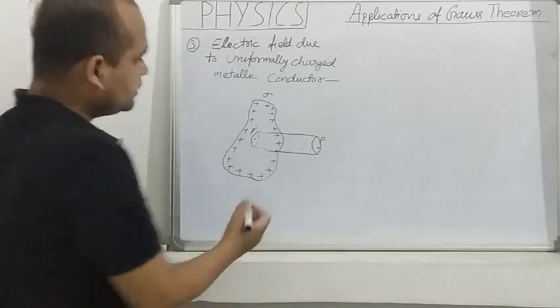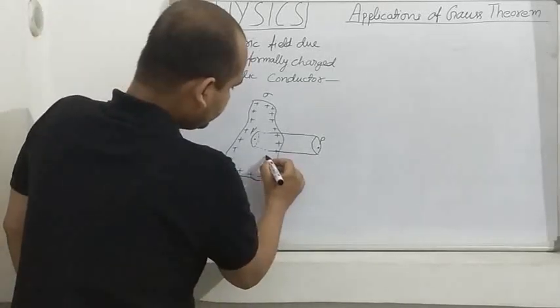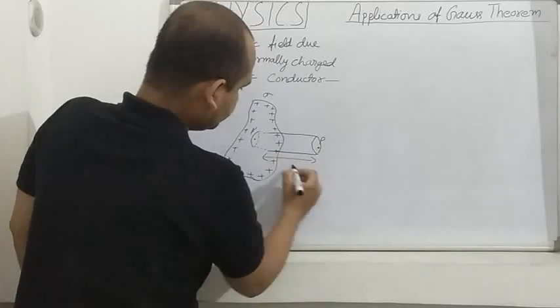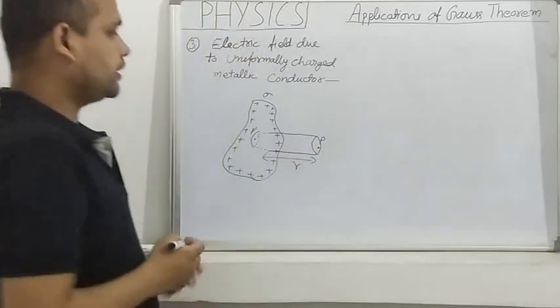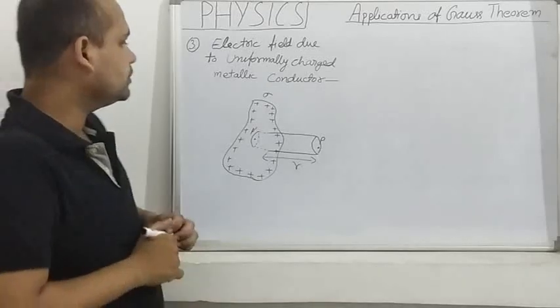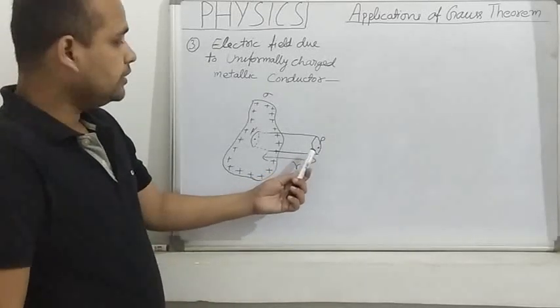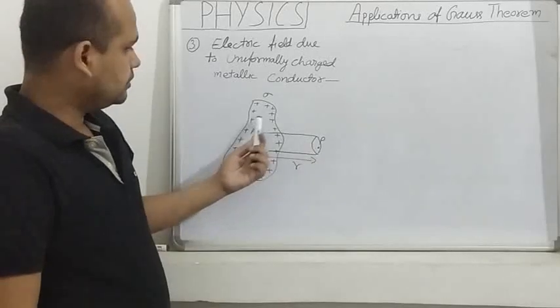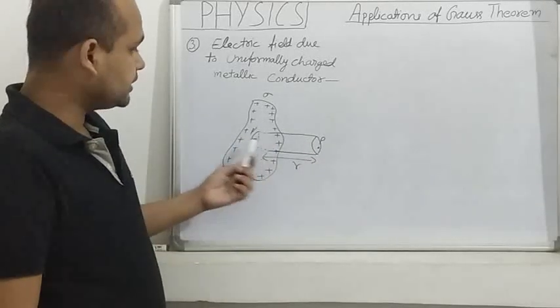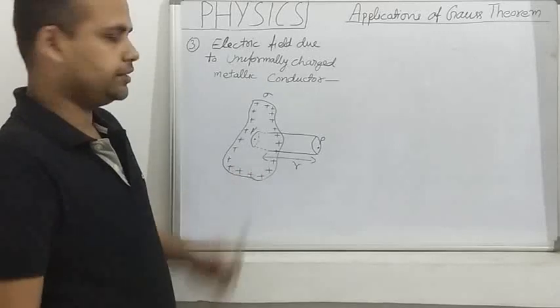The point P is situated at a distance r from this conductor. One end of the Gaussian surface which we have taken is outside this metallic conductor, and the other end is inside this metallic conductor.